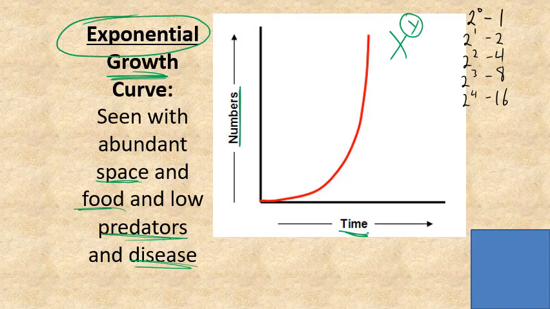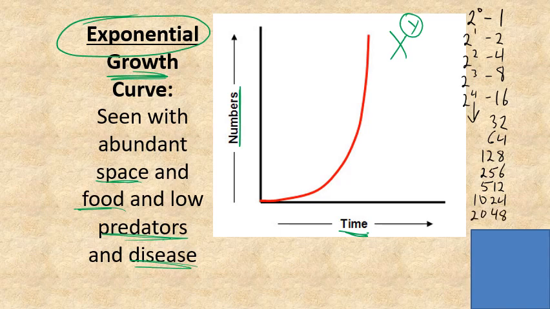And so as we keep growing this exponent, we keep doubling. 16 to 32 to 64 to 128, 256, 512, 1024, 2048, and so on.